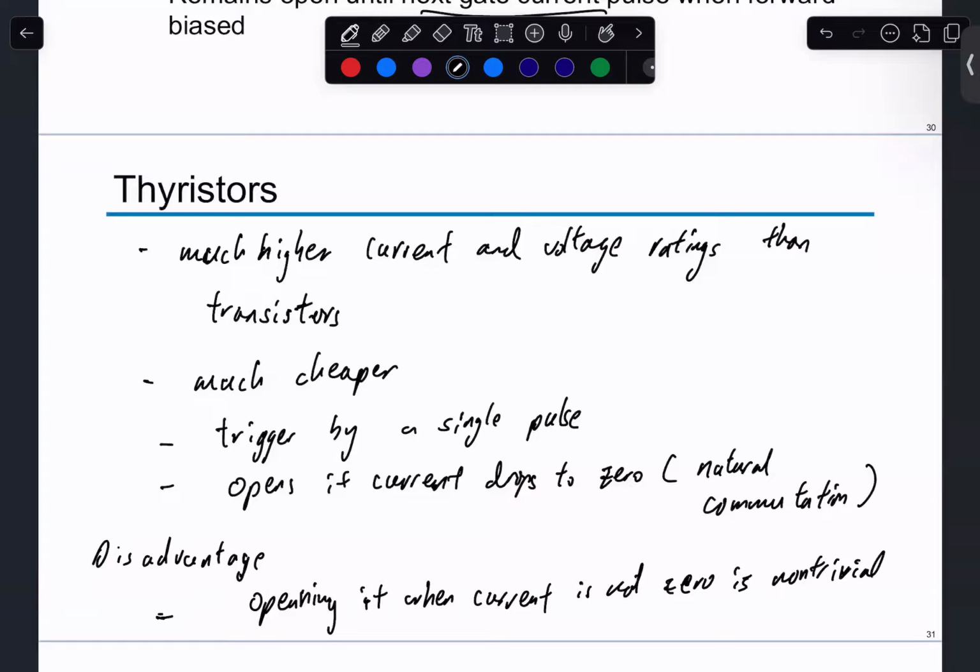Compare with a transistor, that's actually a switch, right? We can open the switch even when some current wants to go through it. But for a thyristor, that's really hard to do, right? Once it's turned on, the switch closes and will stay closed as long as there's some current that wants to go through it.